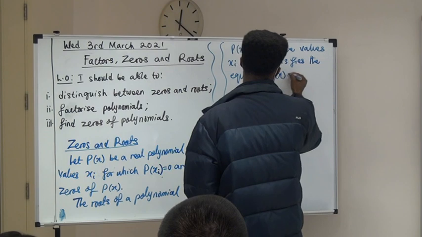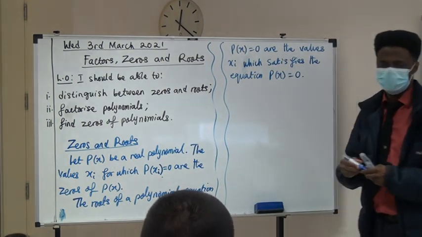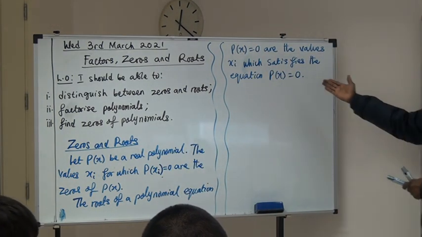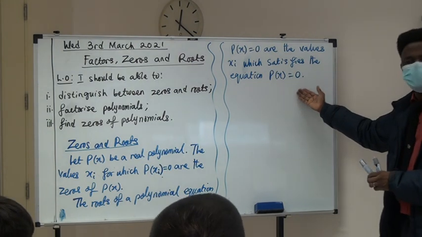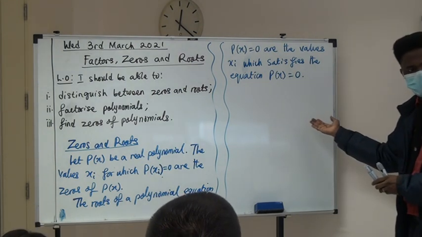What's the equation? P of x is equal to 0. In fact, it may not be equal to 0. It may be P of x is equal to something. Understand what I mean?